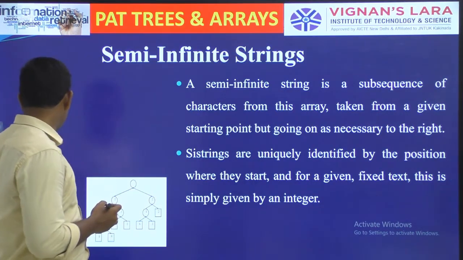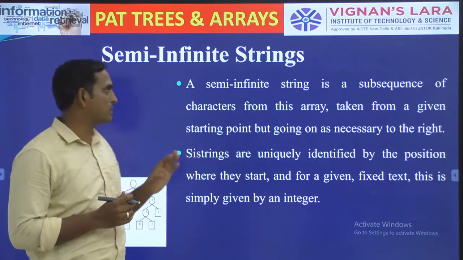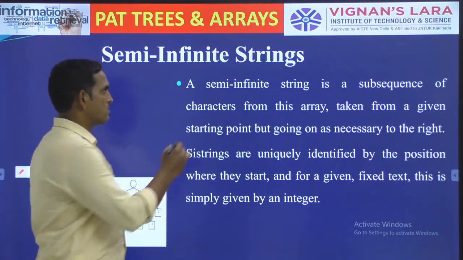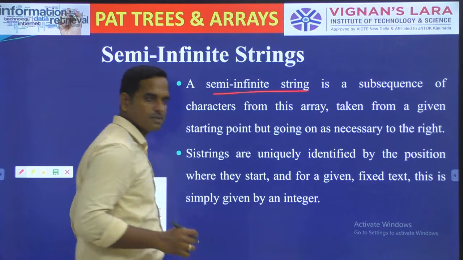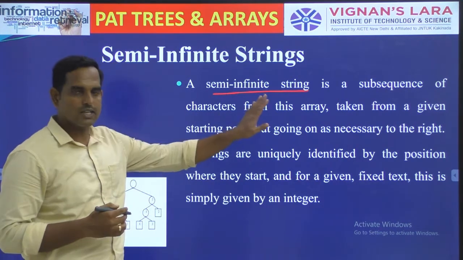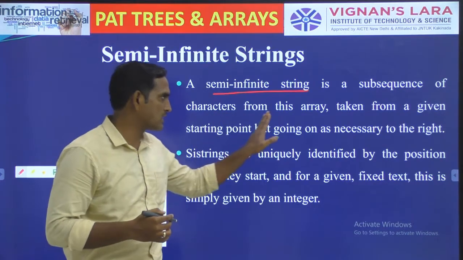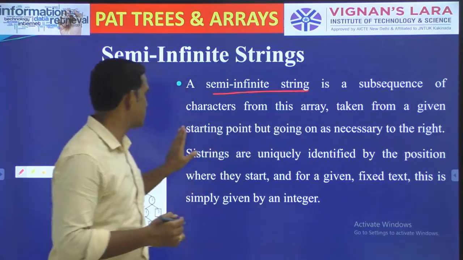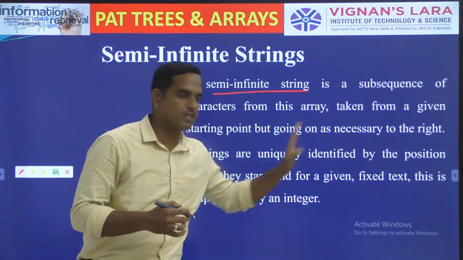One of the main important constituents of your paired trees is the semi-infinite strings, or sistrings. We will continue with the sistring. As I told you, a sistring is a subsequence of characters from this array, taken from a given starting point but going on necessarily to the right.